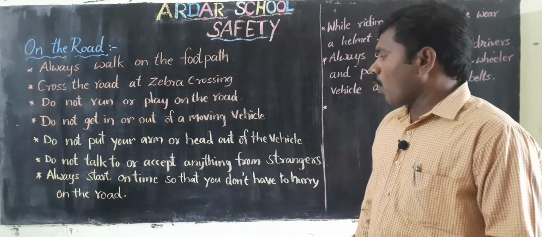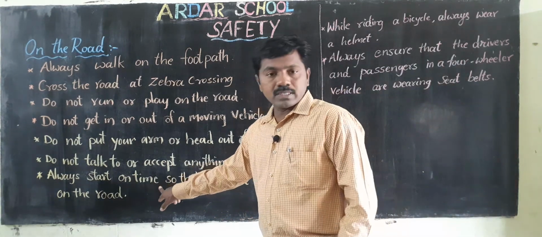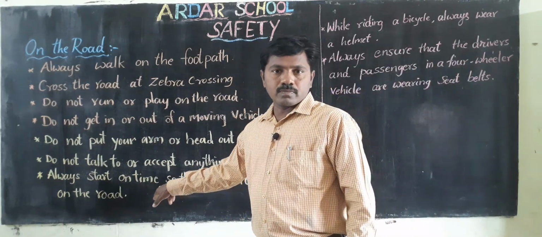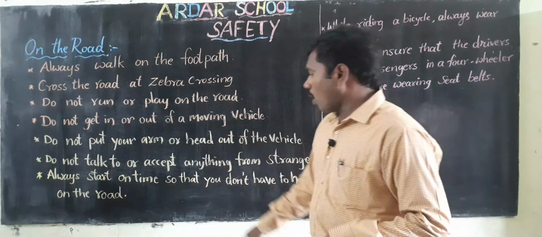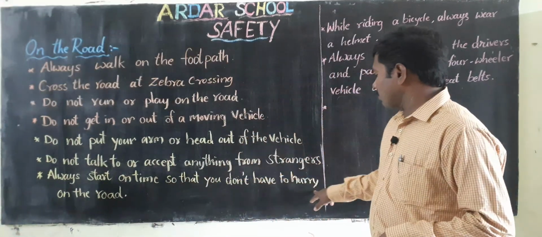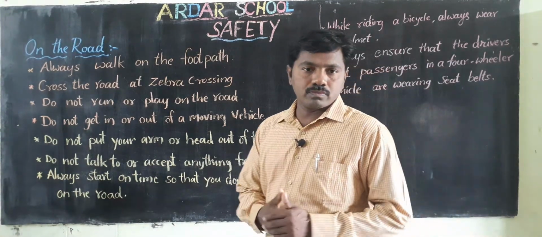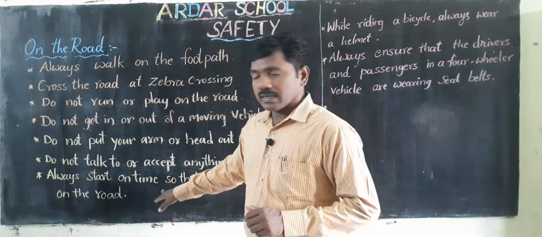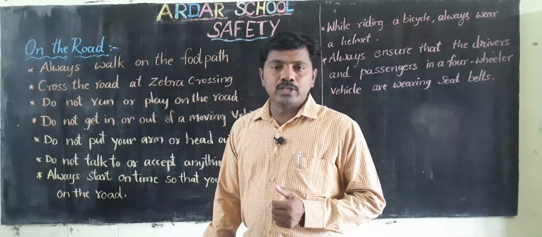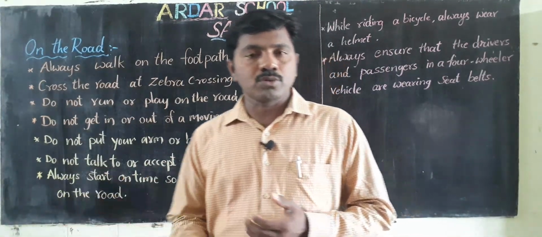Next one, always start on time. It is very very important. Always start on time so that you don't have to hurry on the road. Some persons start too late from their home. For example, some are going to their office.